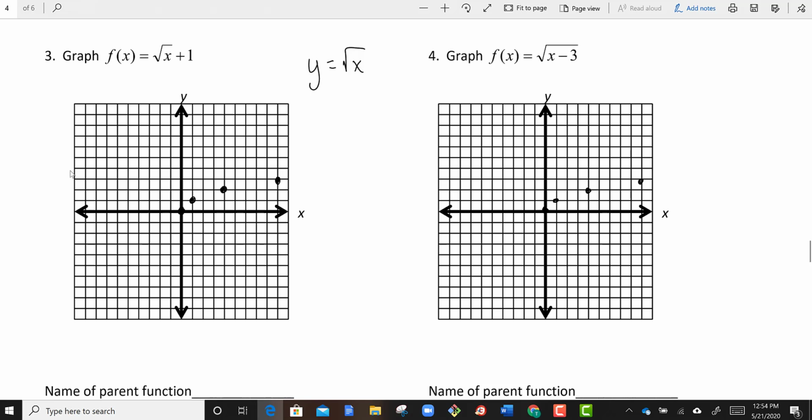And now we're just shifting that parent function. Number 3 is an up 1 shift because the plus 1 is on the outside of the square root symbol.